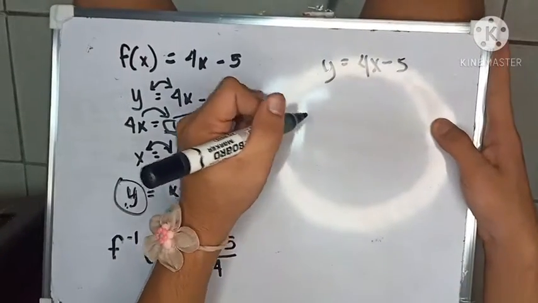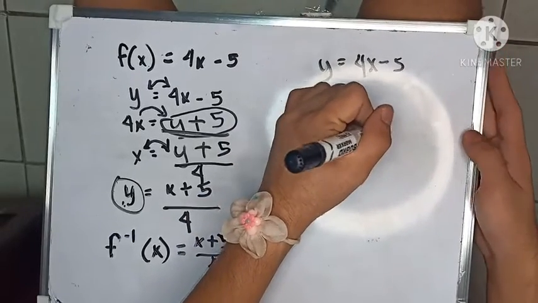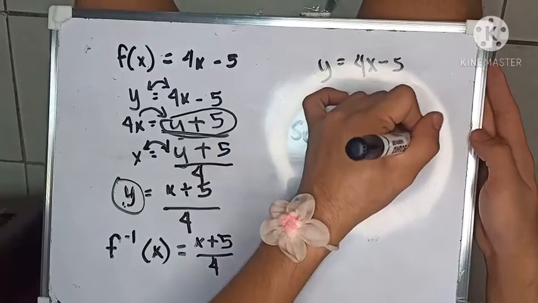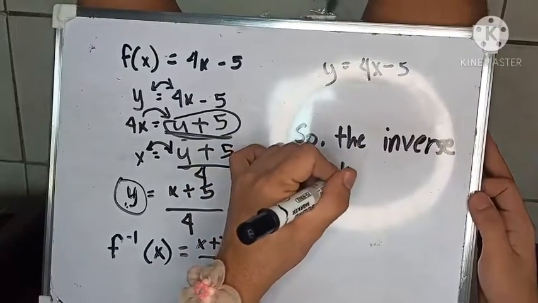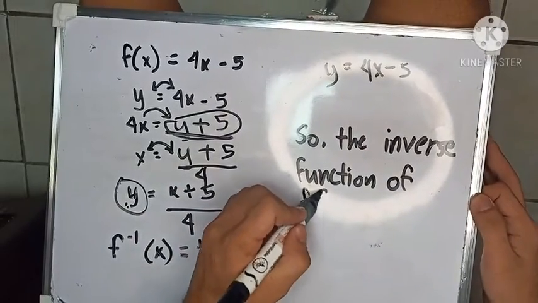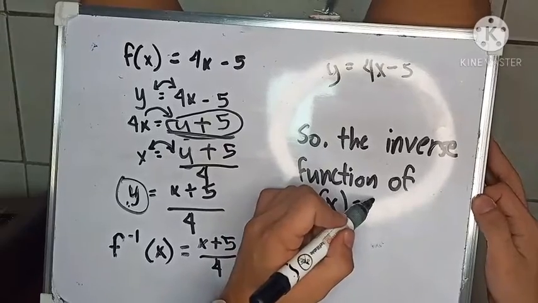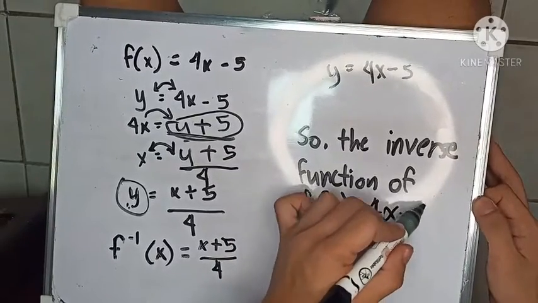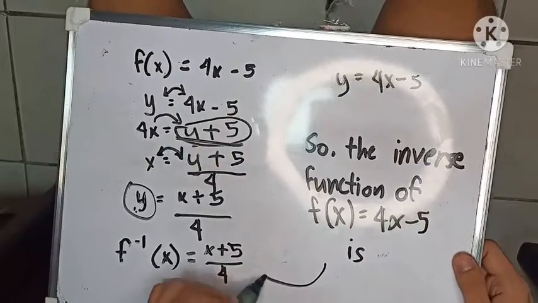So the inverse function of f(x) equals 4x minus 5 is this one.